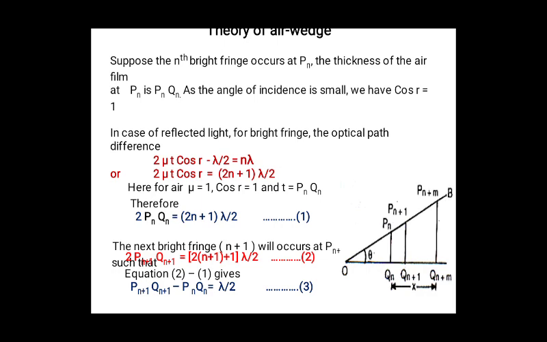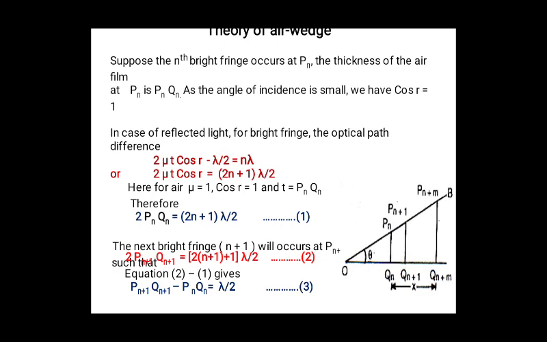This is equation 1. The next bright fringe, n plus 1, will occur at Pn plus 1 such that 2 Pn+1 Qn+1 is equal to (2(n plus 1) plus 1) lambda by 2. This is equation 2.